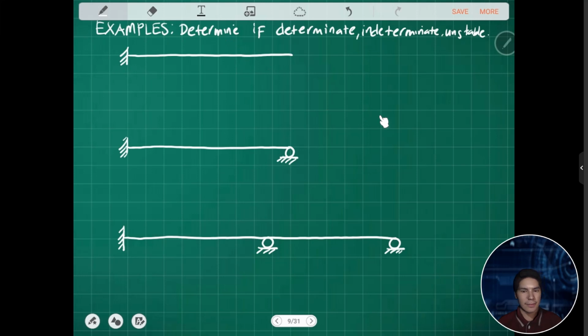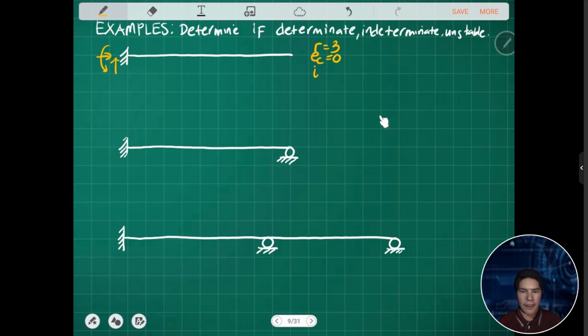So we have a cantilever beam. We just need to count the number of reactions. So for a fixed support, we have 3 reactions. We have no conditional equation given since there is no internal roller and internal hinge.